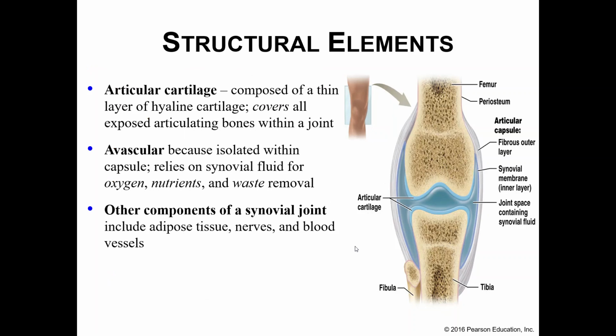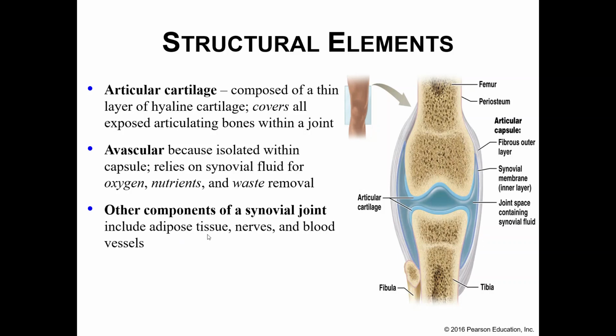Now, we mentioned the articular cartilage. We've mentioned it several times. I think we're experts on that by now. We did just mention that the cartilage itself is also avascular, and so we're relying on the synovial fluid itself for the oxygen, any other nutrients, the waste removals, things like that. You do have a couple of other components for this joint as well.